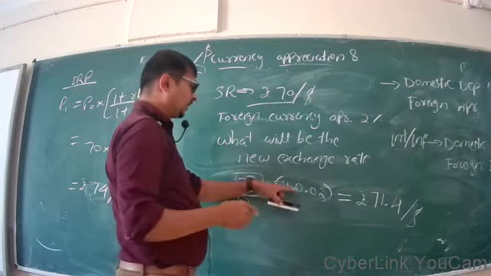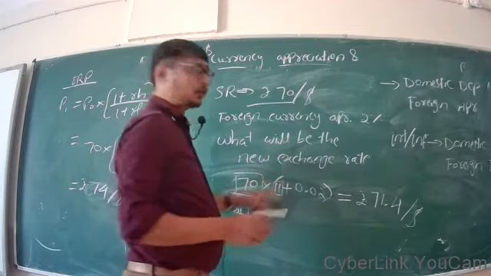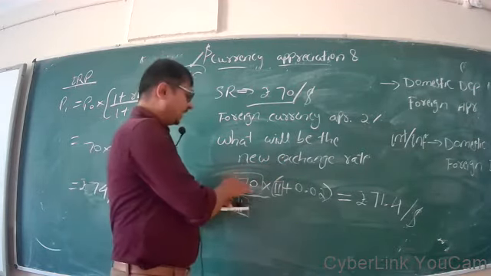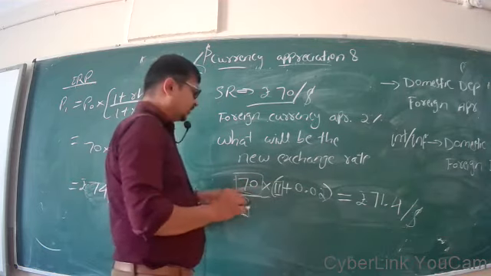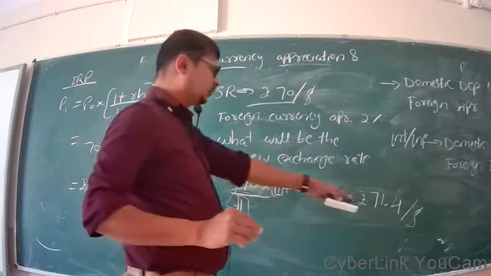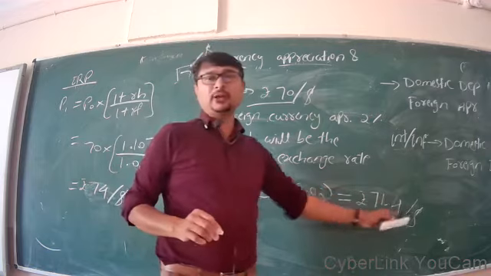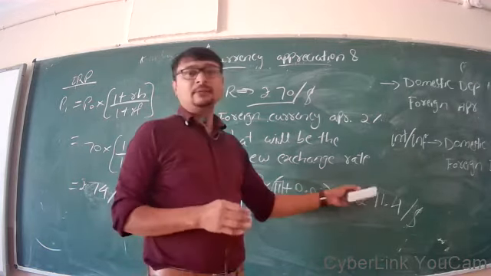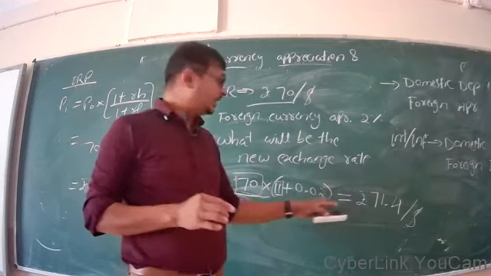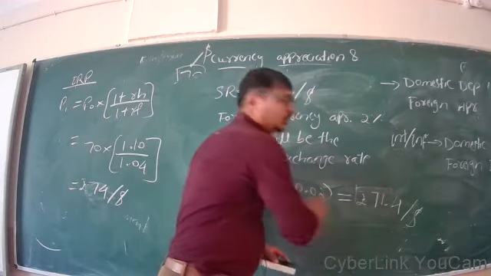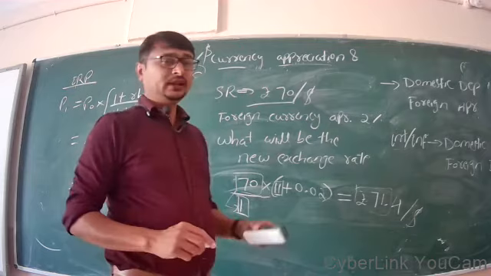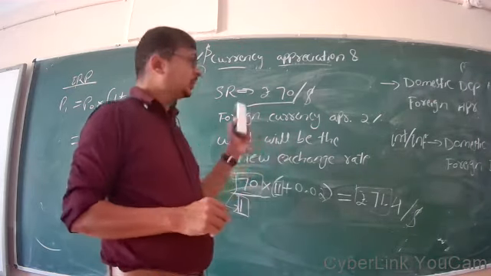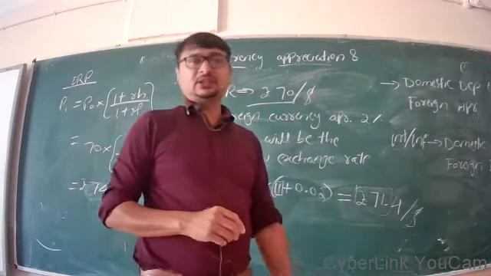Now you have to pay 2% more because the foreign currency, the dollar, got appreciated and the rupee got depreciated. So the new exchange rate will be 71.4 per dollar. That means from 70 rupees it has become about rupees 71, so the rupee got depreciated. In the next class, we will solve some more problems related to currency appreciation and depreciation. Thank you.